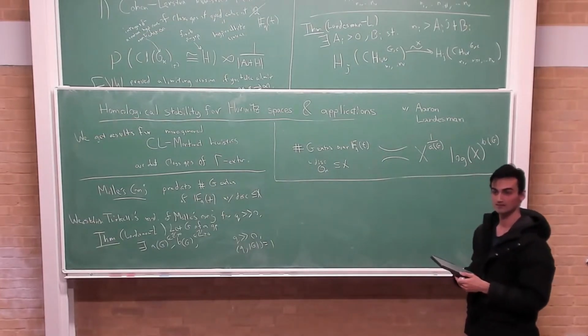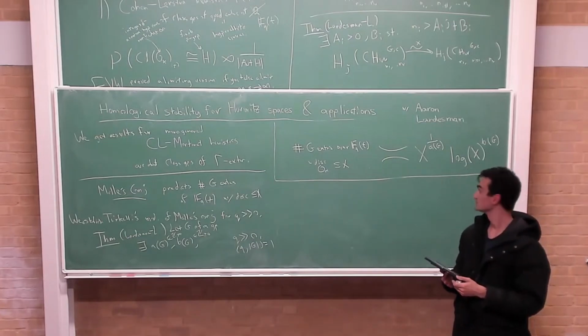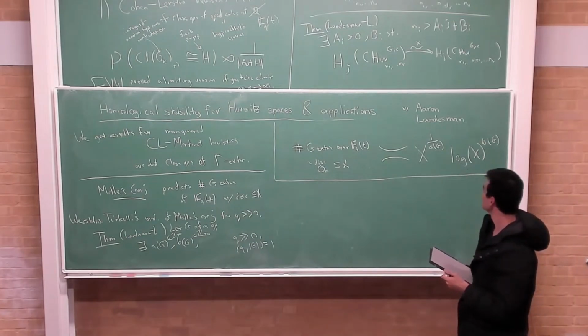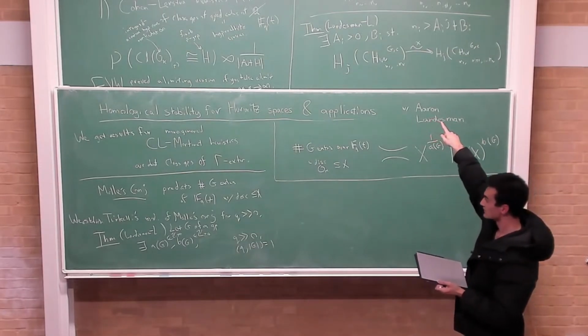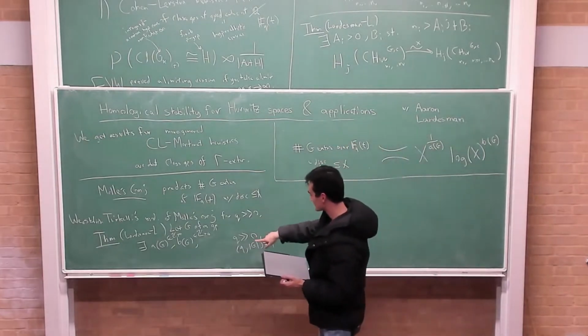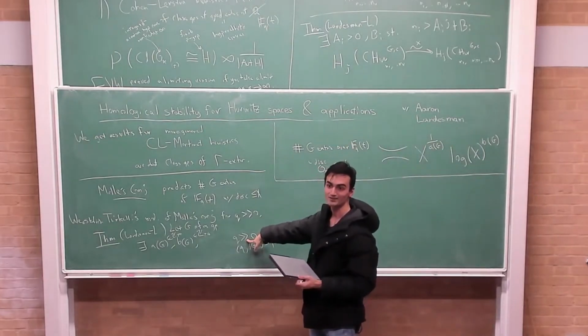Sorry, capital. So the range will change what this q sufficiently large means. It will tell you what q sufficiently large means.